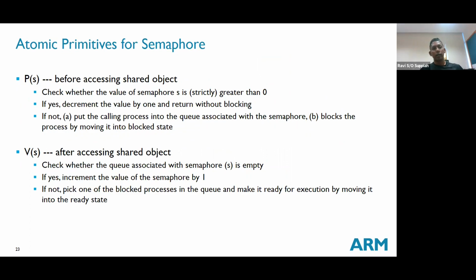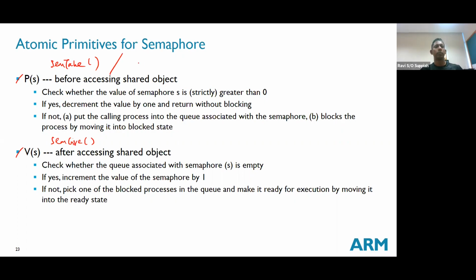In terms of semaphore, there are a few different terminologies that you might come across in different books or online material. One of the common ones, they call it P and V. P is basically to take. In some books, they might reference it as Sem take and Sem give.